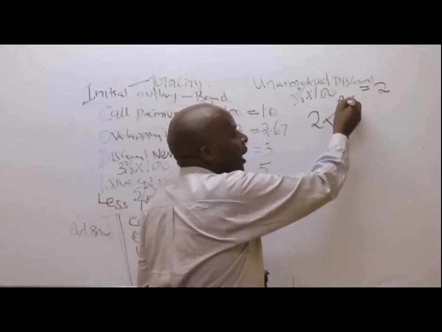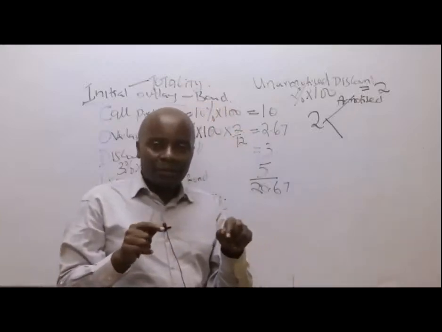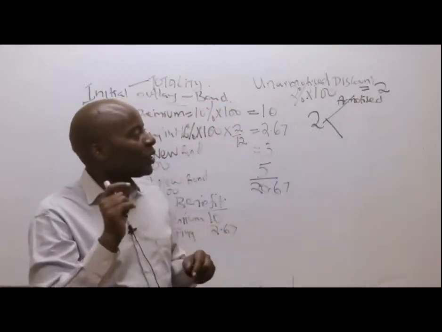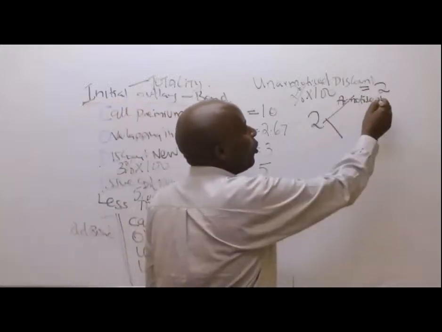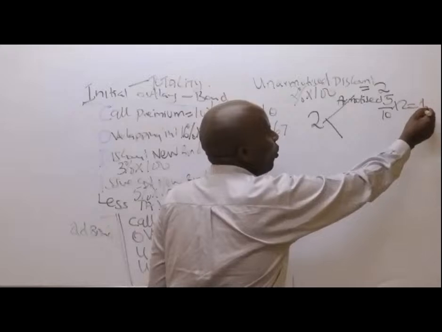So the amortized, what I'll have taken to my income statement, will be 5 years of discount. The amortized will be 5 over 10 times 2, which gives me 1 million.